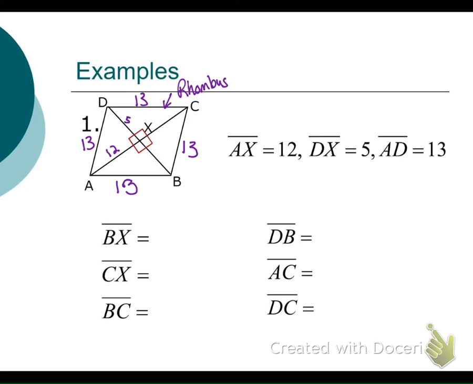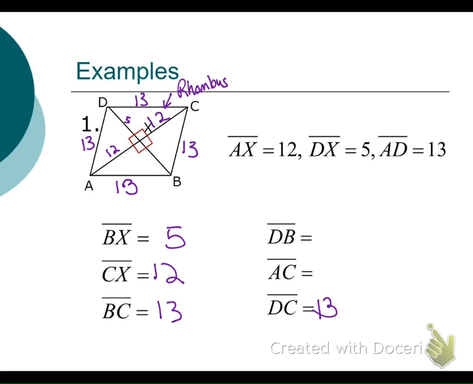So let's see which one of those I need to fill out on here. BC 13. DC 13. I think those are the only 2 spots. Okay, after that, we know that the diagonals are bisecting each other. So AX is 12. XC has to be 12. Okay, if DX is 5, that means that BX also has to be 5.